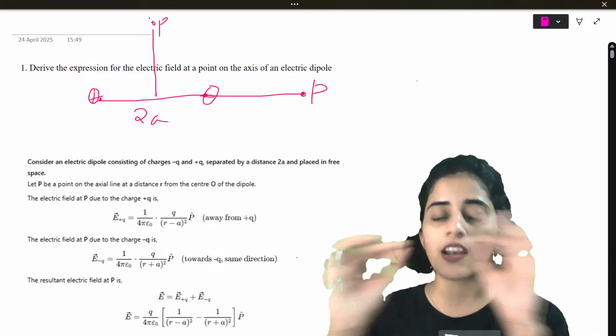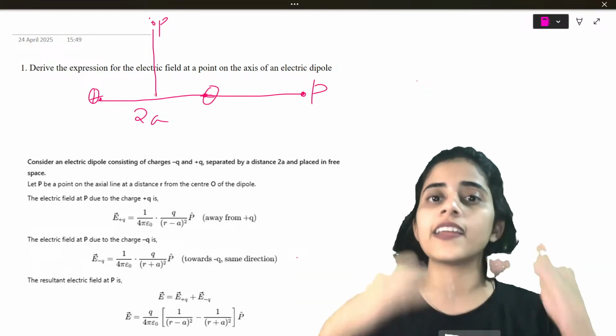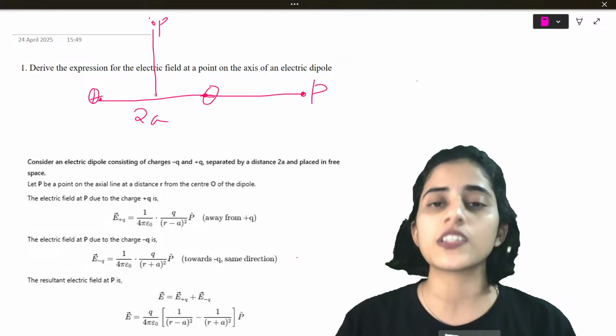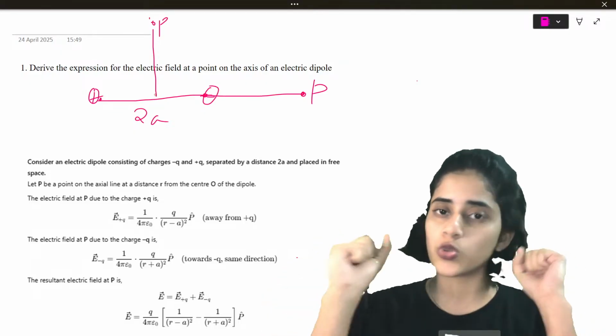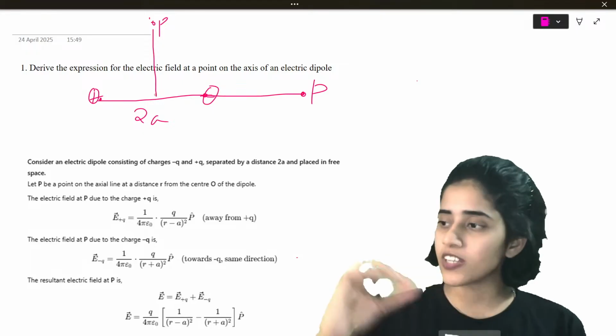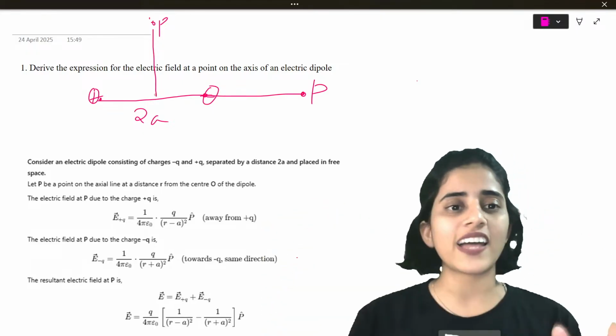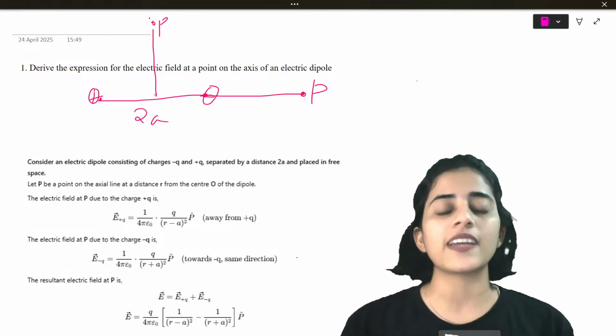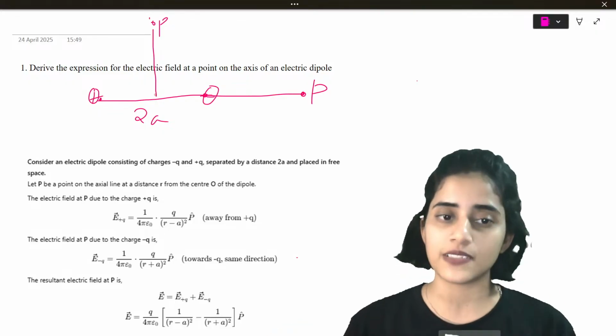If it's along the line, it's called axial, and if it's perpendicular, it's called equatorial. So two charges plus q and minus q separated by a distance 2a, and a point P along the same line. That's when you say the electric dipole is axial.